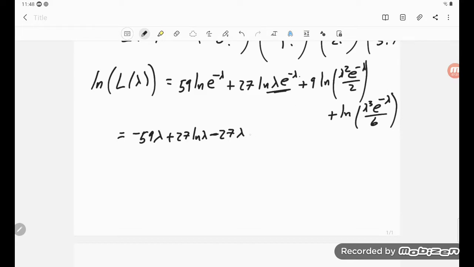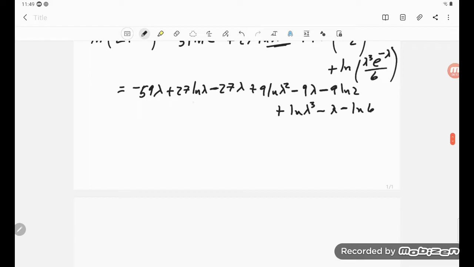And similarly here with the 9, I'll get a plus 9 natural log of lambda squared, and then minus 9 lambda, and then also a minus 2 log 2 actually, so minus 9 log 2, and then finally plus my natural log of lambda cubed minus lambda, and then minus natural log of 6.